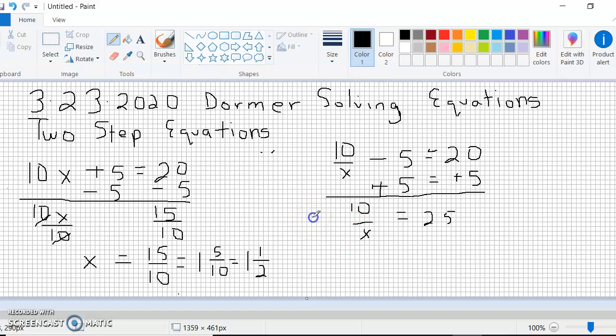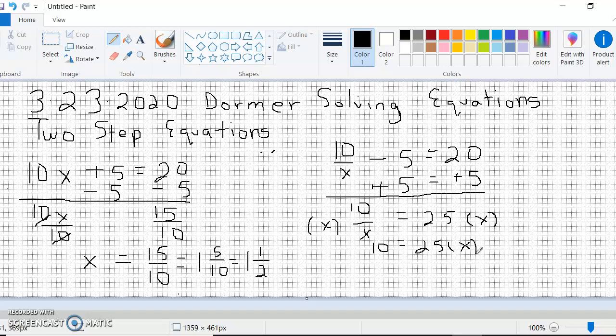Okay, so I will multiply here by x, multiply this side by x. So now I end up with 10 equals 25x. Okay, I have gotten the x to be up in the numerator.